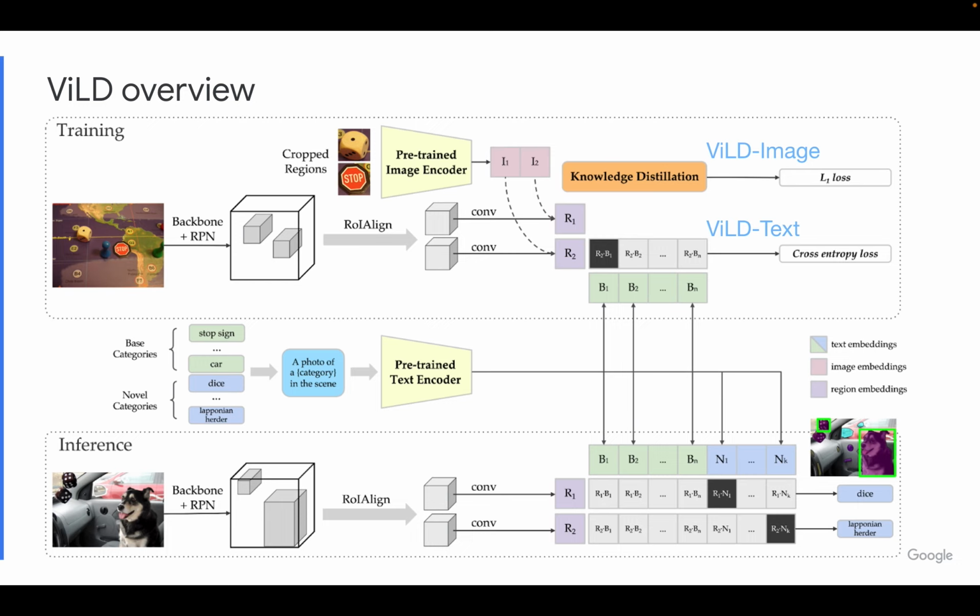For inference, we also include the text embeddings of novel categories. And the WILD image distillation part is discarded after training is done. During inference time, the network architecture is very similar to the original two-stage detector, so we are not increasing the inference speed.